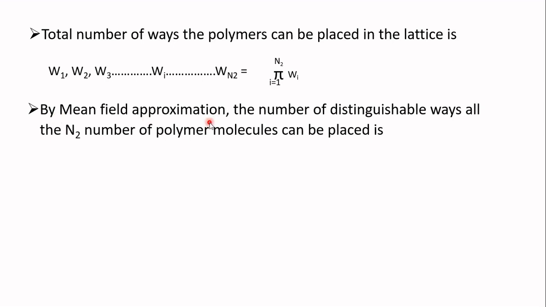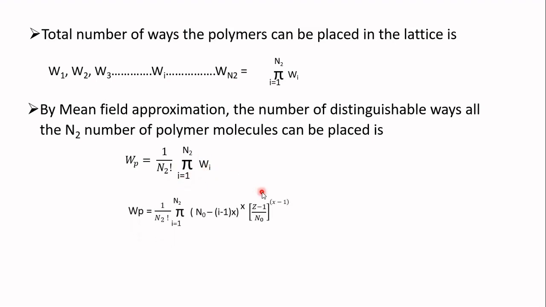By mean field approximation, the number of distinguishable ways in which all the n2 polymer molecules can be placed is given by Wp is equal to 1 divided by n2 factorial, times the summation of Wi from i equal to 1 to n2. Then you substitute the value of Wi here, and you will get this expression.